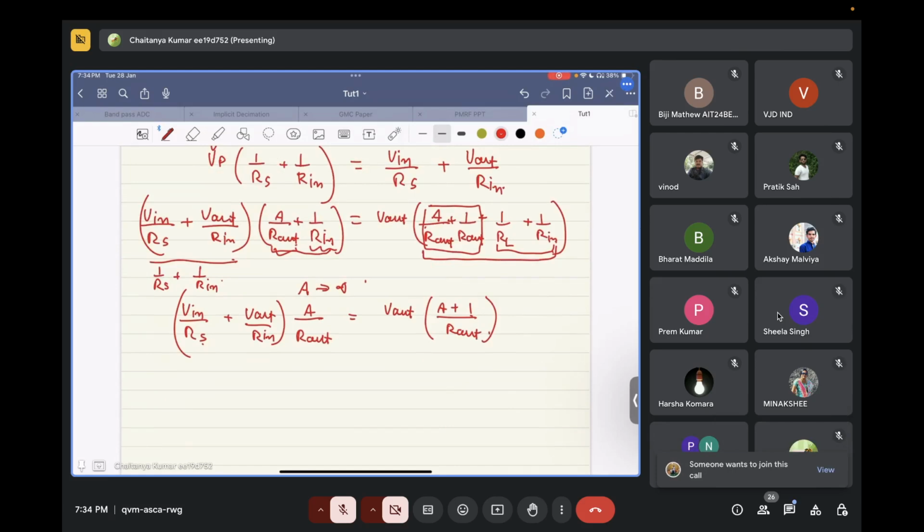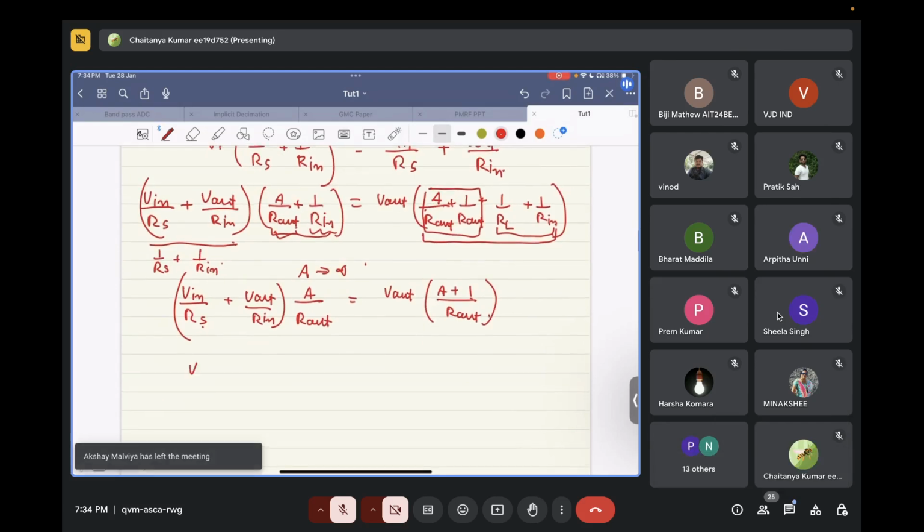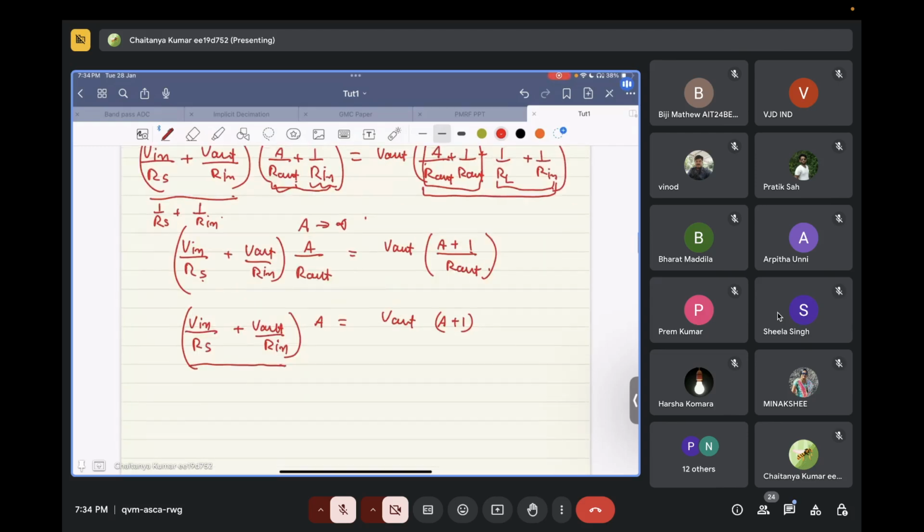So what we will have is V in by Rs plus V out by Rn times A is equal to V out times A plus 1, divided by 1 by Rs plus 1 by Rn. Okay.